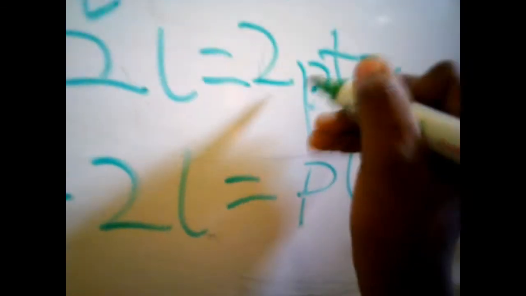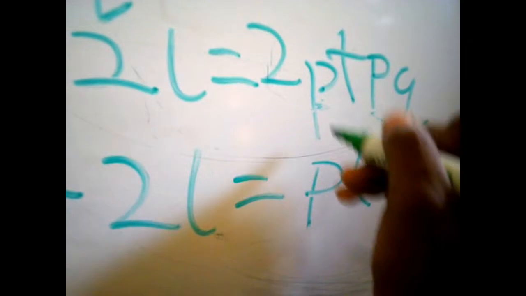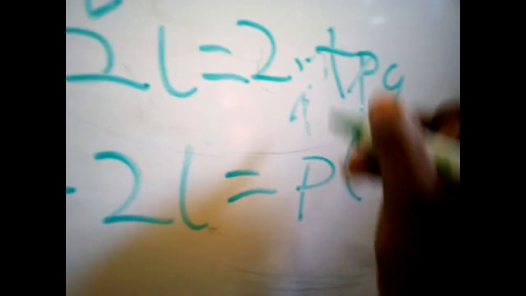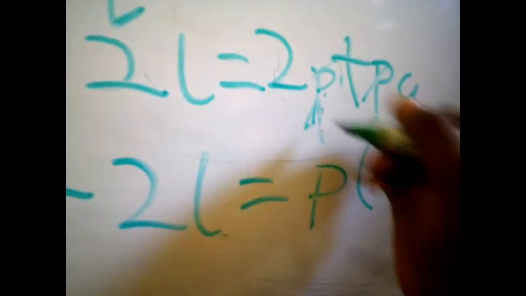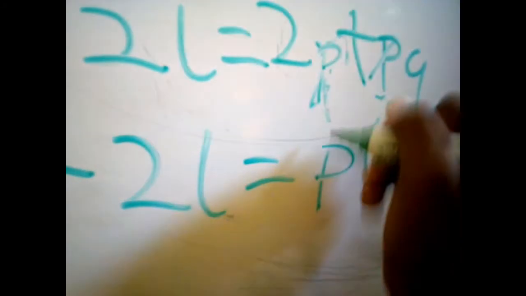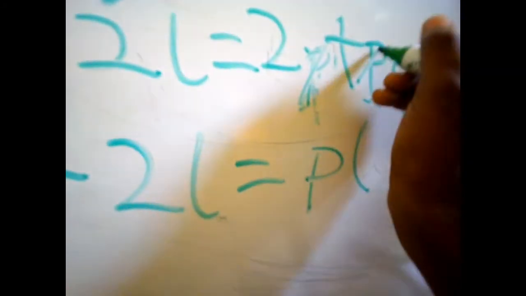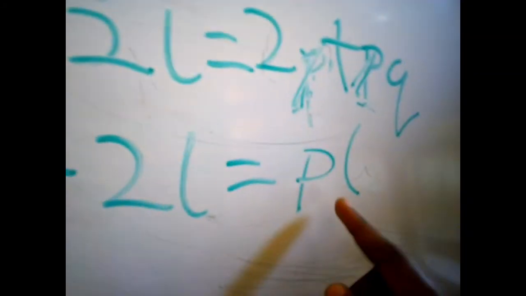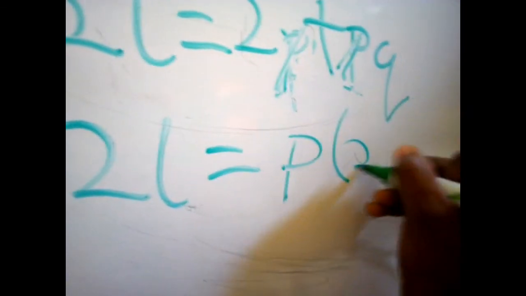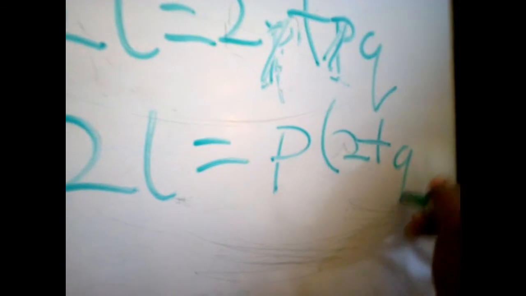We've brought one P out. You're not going to do that when they give you the question, but to make you understand, that's why I'm doing this. So P is here, P is here, you just write one P, then you assume it's out. Then you bring a bracket. Then now you have 2 plus Q.